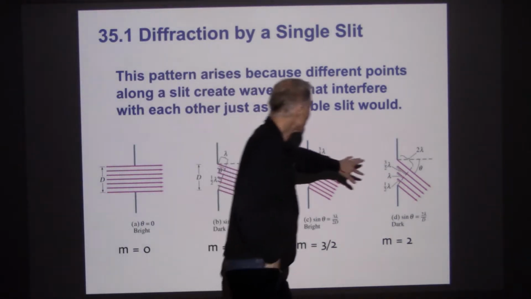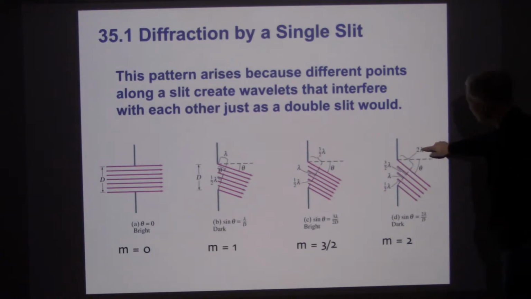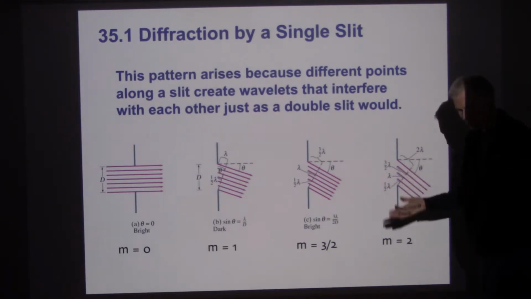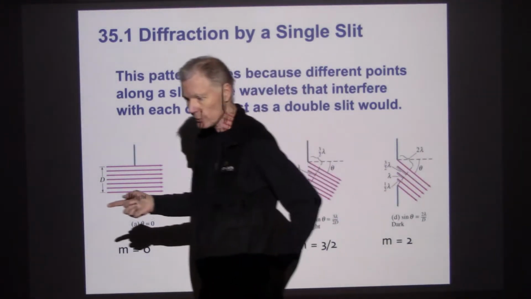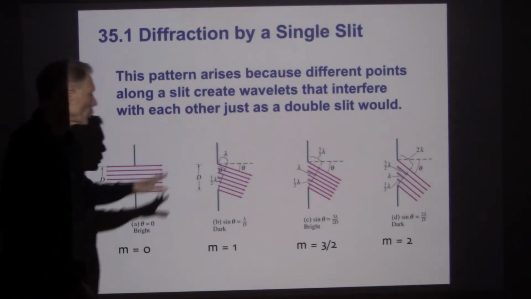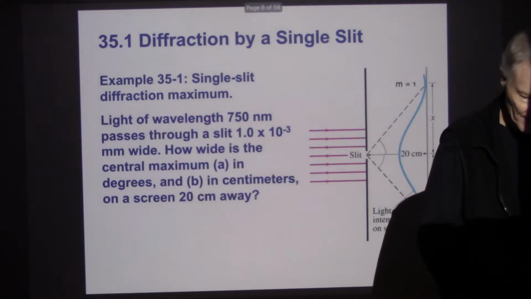And then when we get to this path here, now we're at 2 full wavelengths. What they're trying to show with this diagram is that anytime you hit an integer number of cycles difference across the entire width, it's going to cancel out completely. Okay. So we'll get a chance to come back and revisit this and see how this is working.